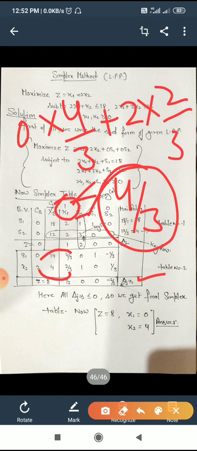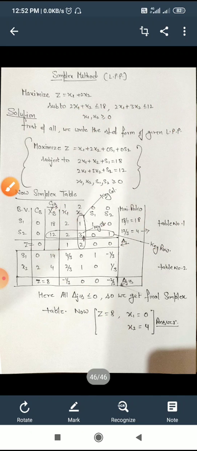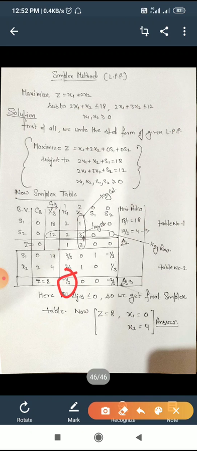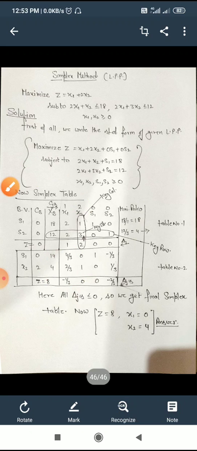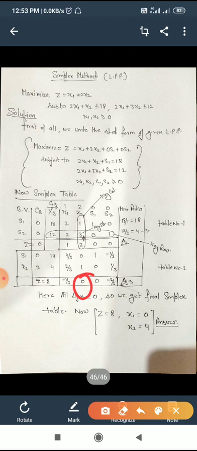We write it in the Cj row. So 1 minus 4 by 3 is equal to minus 1 upon 3. Similarly, the next value: 2 into 1 plus 0 into 0, adding both we get 2, and 2 minus 2 is 0.